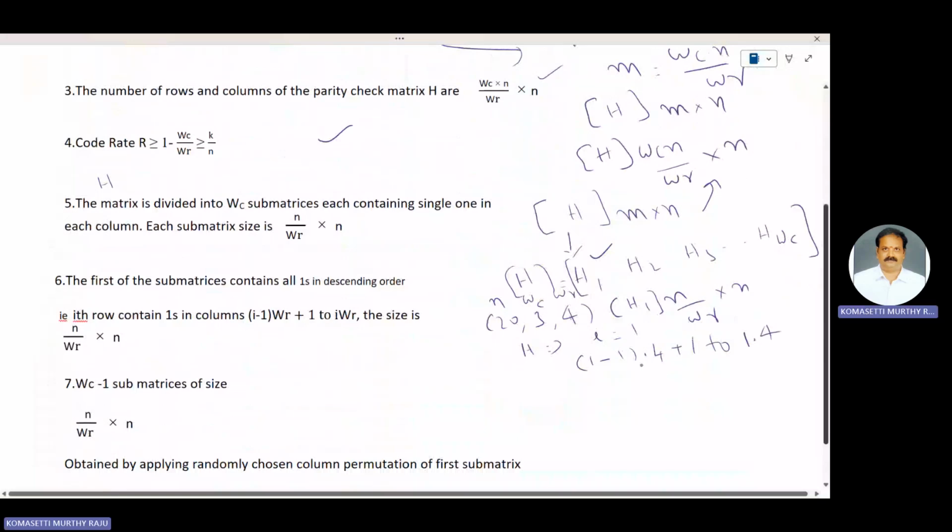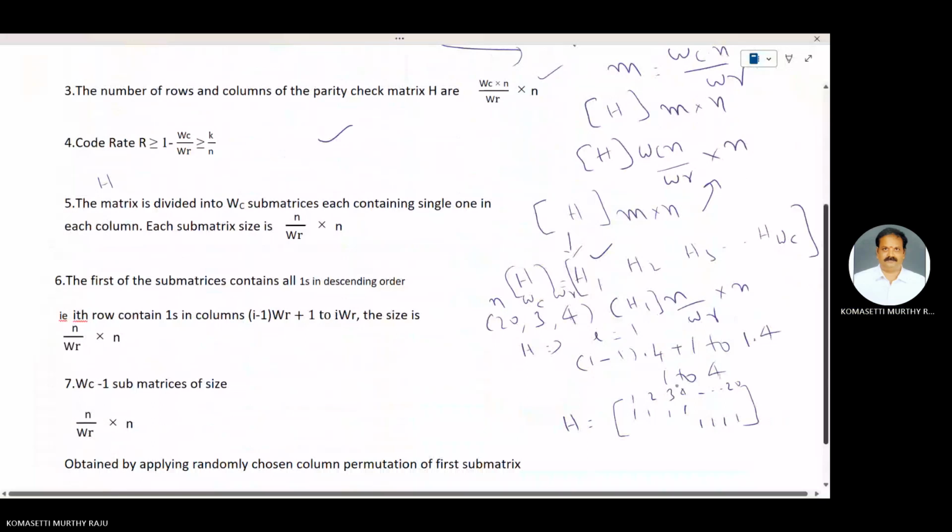Therefore, 1 to 4, that is columns 1, 2, 3, 4, up to block length 20 columns. 1 to 4 here represents 1, 1, 1, 1. Similarly, for the second row, I is equal to 2, columns 5, 6, 7, 8, like that.